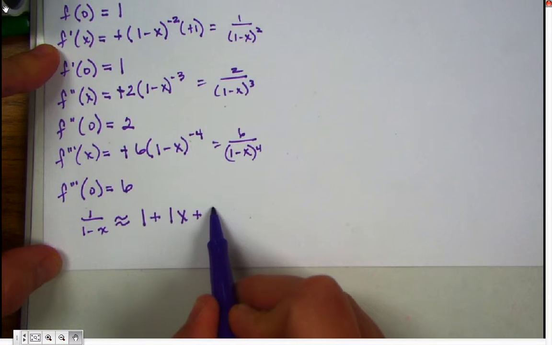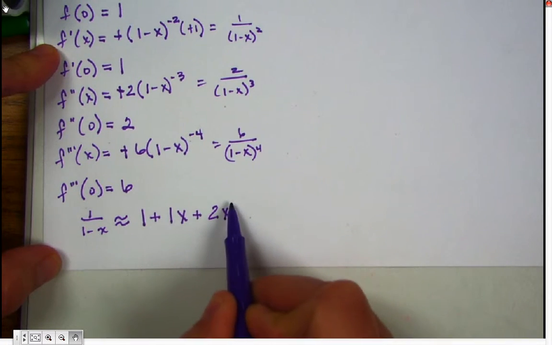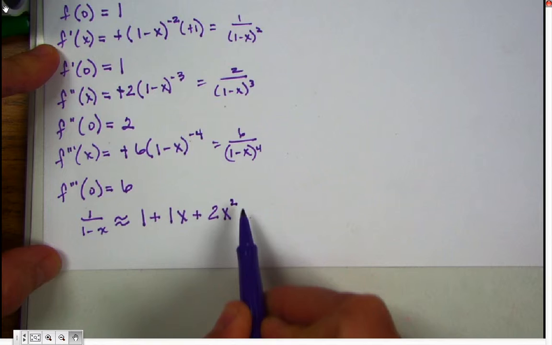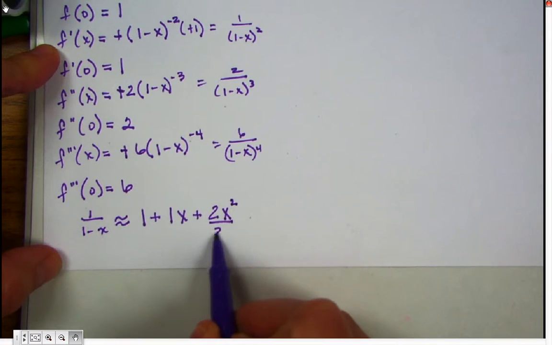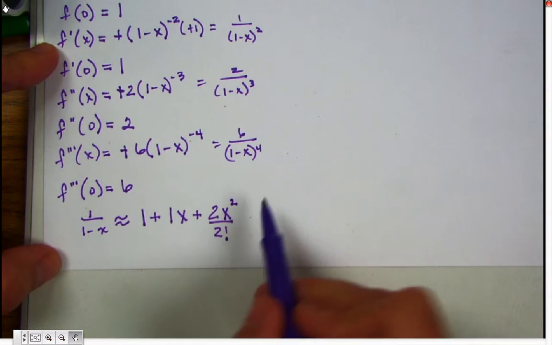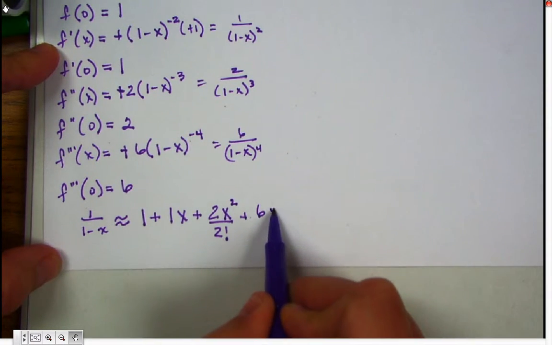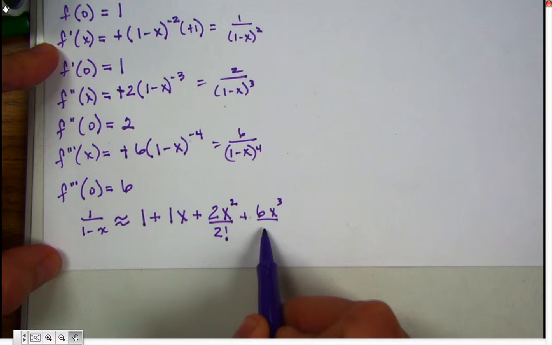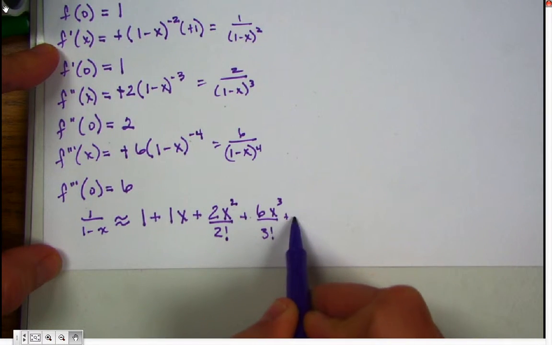Plus 2x squared over 2 factorial plus 6x cubed over 3 factorial.